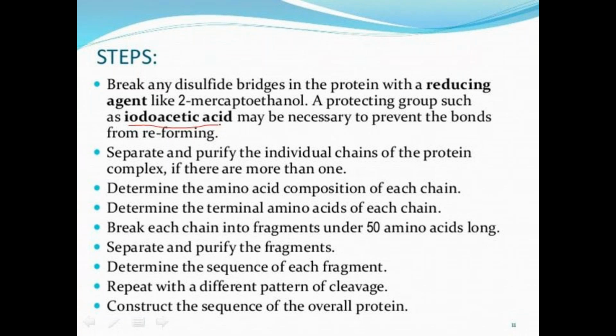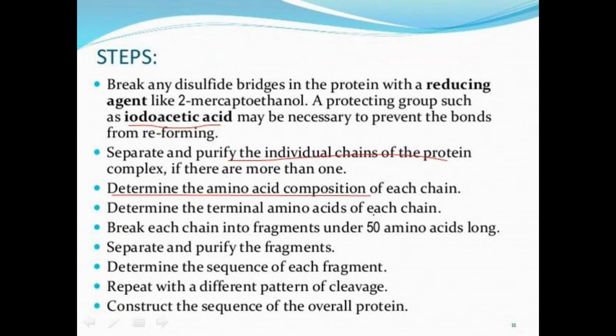What is the process that is involved? First we have to separate and purify the individual chains of the protein complex. Then we have to determine the amino acid composition of each chain. First polypeptide breakdown, then giving the single peptide. Then that has to be disrupted, giving the amino acid composition.